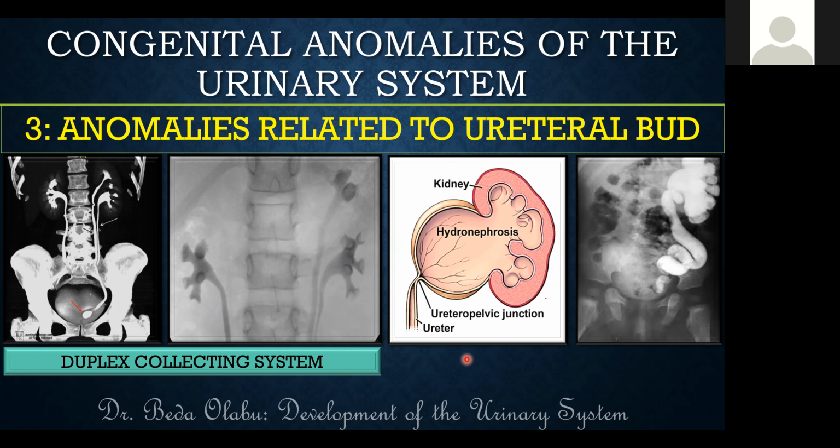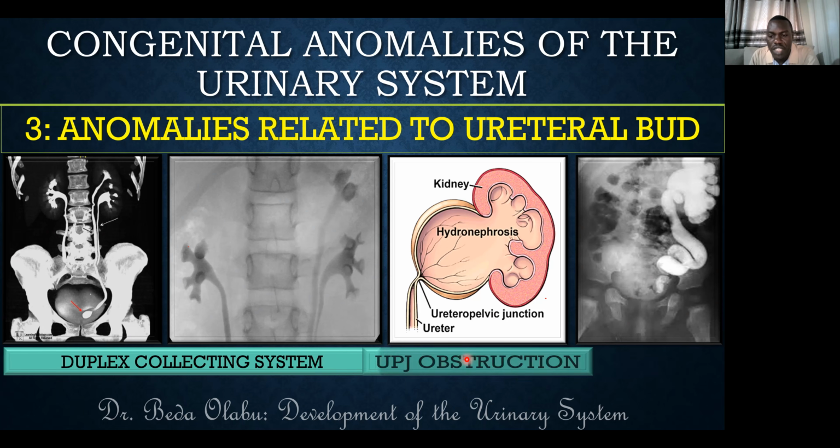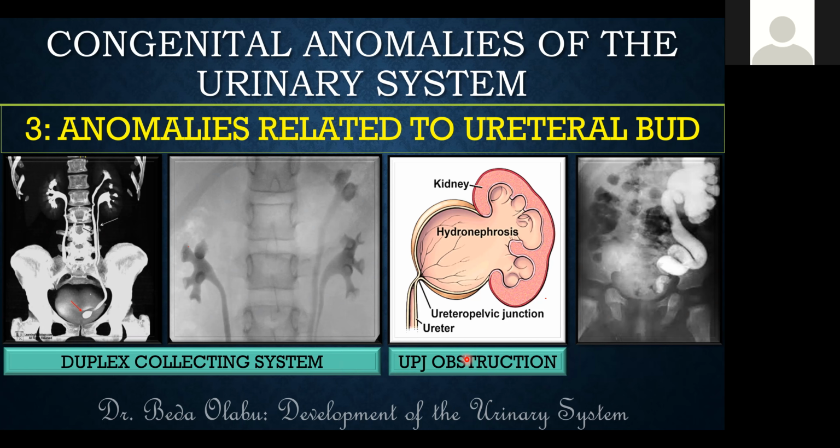I think there's a constriction on the ureter, so urine cannot pass. At what point? At the ureteropelvic junction. Good. So we call this ureteropelvic junction obstruction. Great. So that's also a congenital anomaly.